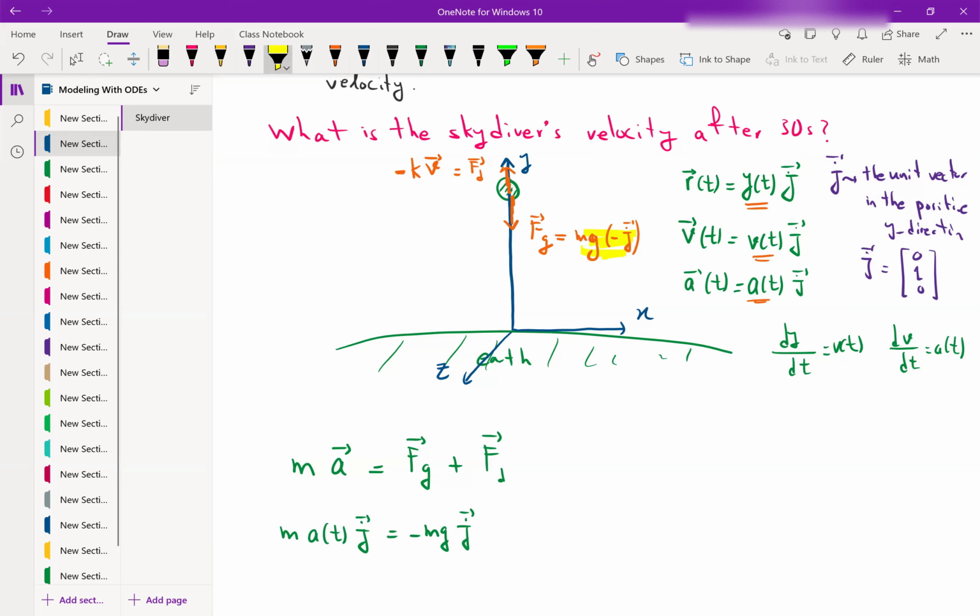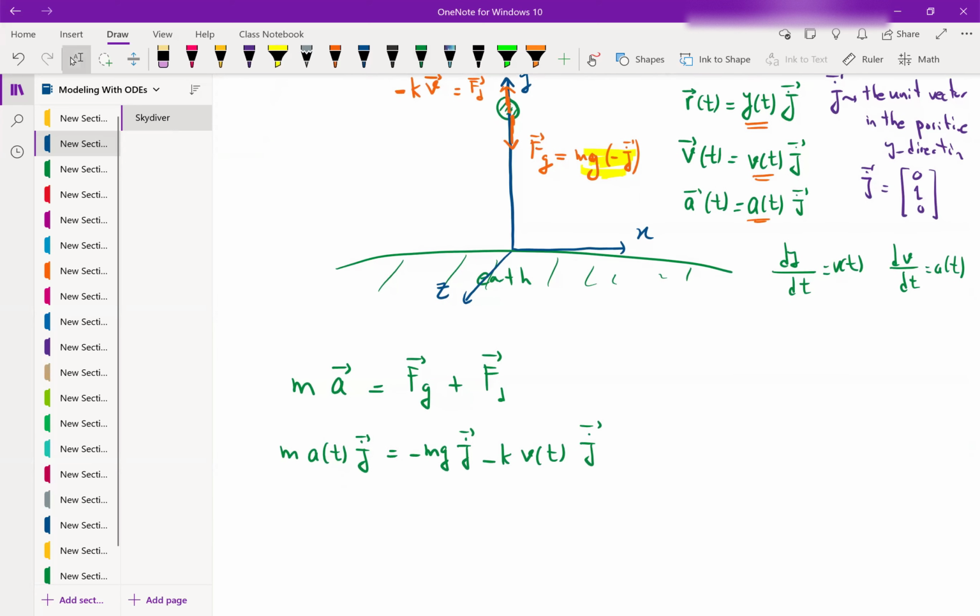The negative sign, again, is indicating that it is pointing in the same direction as the vector negative j. And then the force due to air resistance is negative kv, but v is v(t) j. So this is negative k v(t) j.